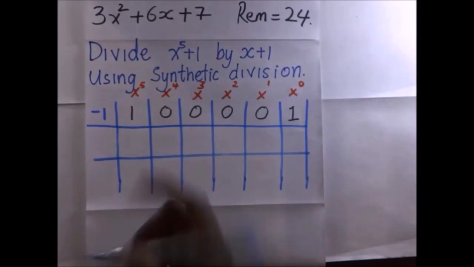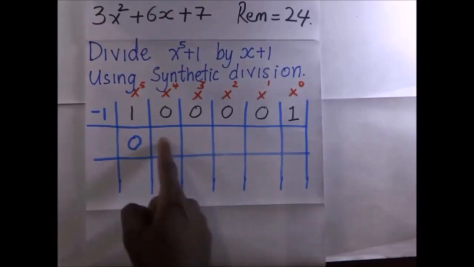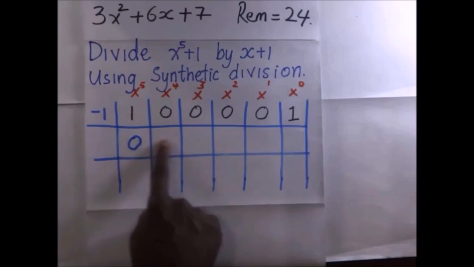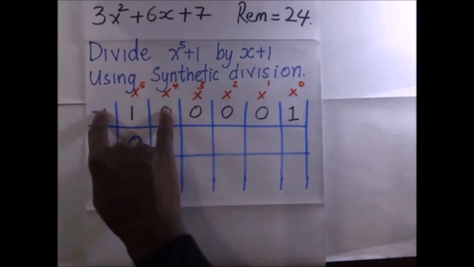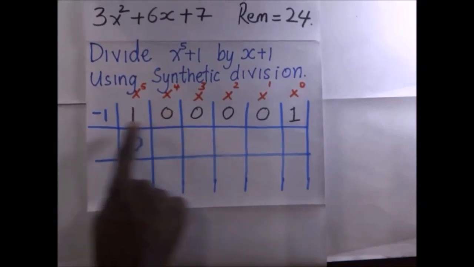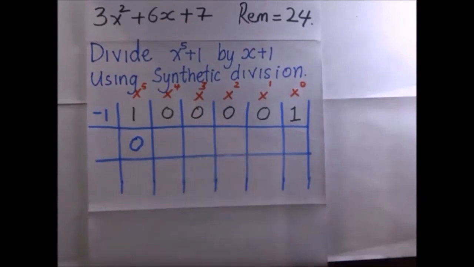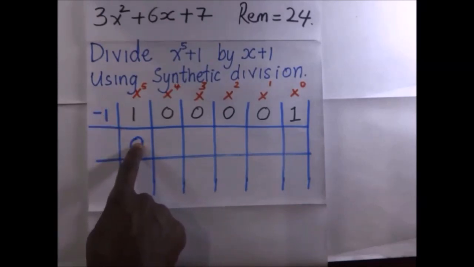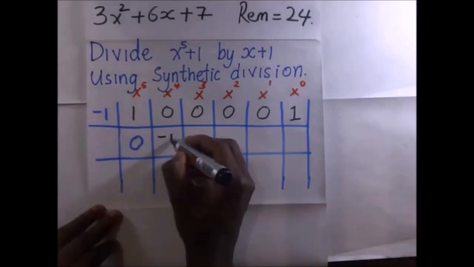When we put our negative 1 there, the first place here we put is 0. Now we get these remaining figures. This times that plus this times that gives us the next figure, and so on. So we start: negative 1 times 0 plus negative 1 times 1 gives us negative 1.